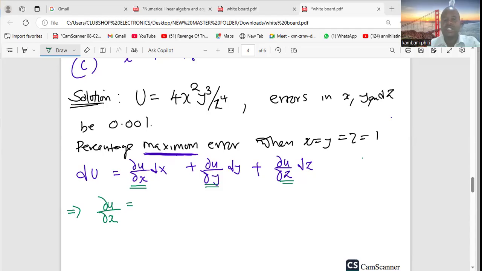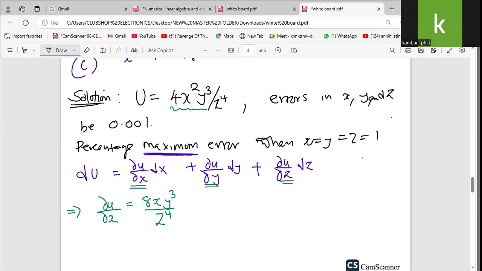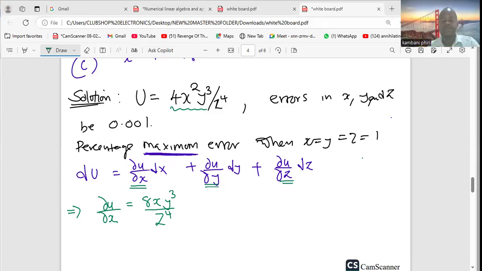So when we differentiate this with respect to x, we are going to have 8x y to the power 3, everything divided by z to the power 4.